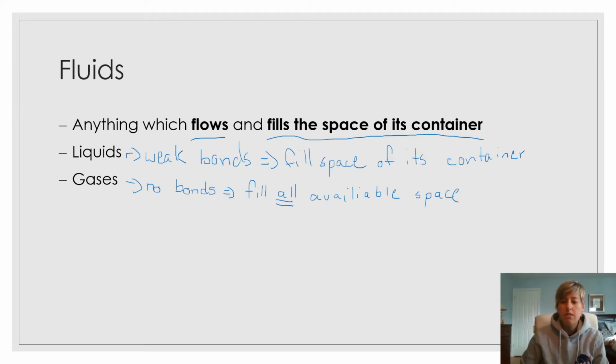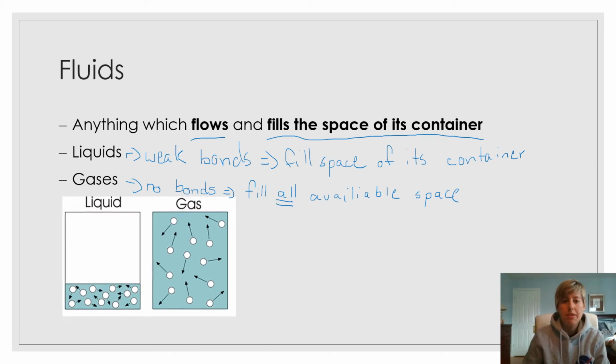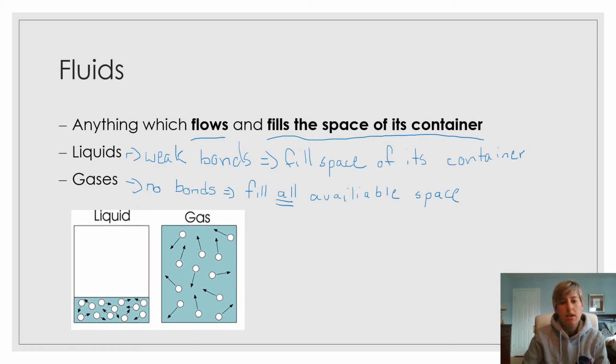So if we take a look at our 2 images of liquids and gases, it also has to do with the degree of particle movement. Because liquids have weak bonds, they have moderate particle movement. So it's moving more than solids, but less than gases. Because gases have no bonds, they have very high particle movement.